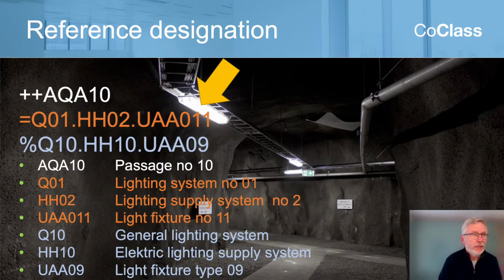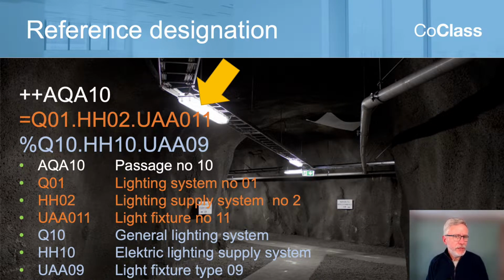One example here: this light fixture is placed in AQA10, passage number 10. It's part of the lighting system number 1. It's part of the lighting supply system number 2. And it's light fixture number 11.